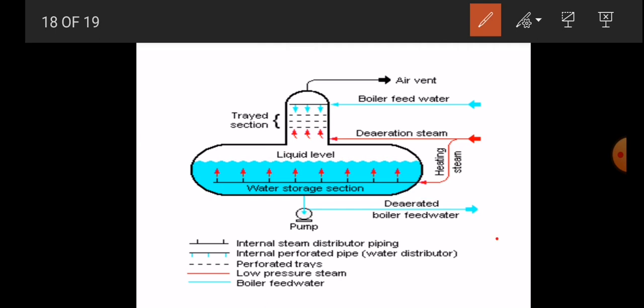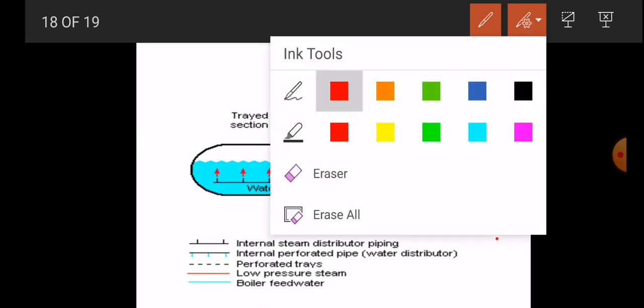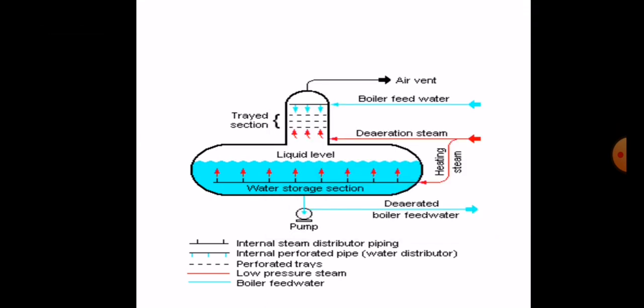So this is the deaerator. Basically, we introduce the deaerator into the feed water line. We gather the water from the river, and after the feed water treatment plant, this water passes into the deaerator. After the deaerator, this water goes through the pump into the economizer and into the boiler shell.